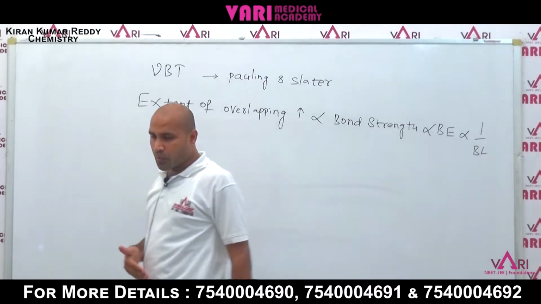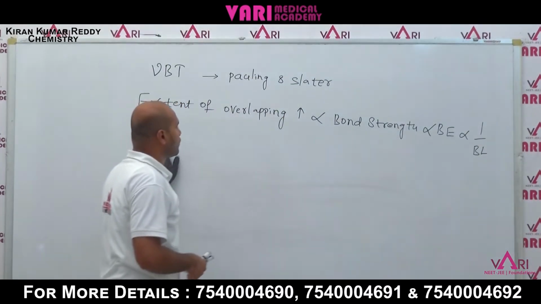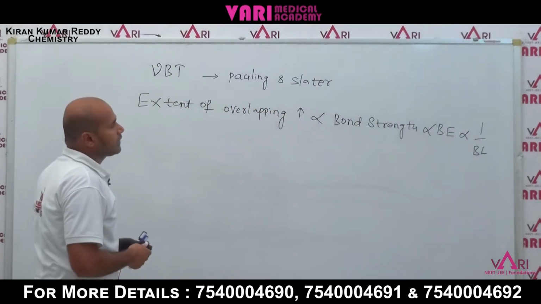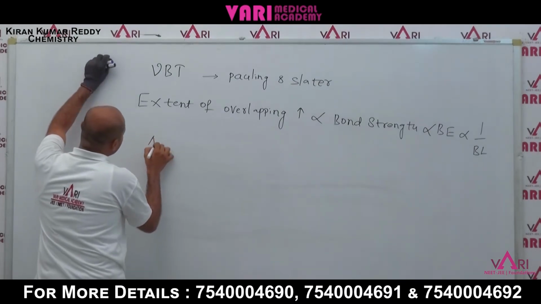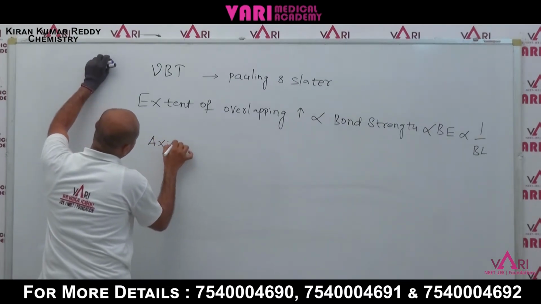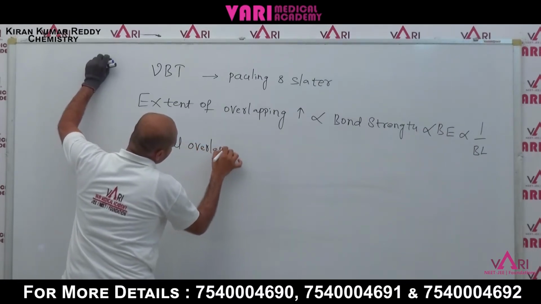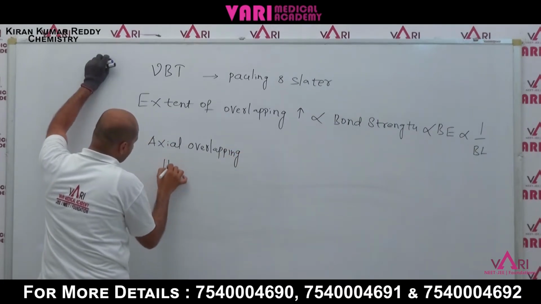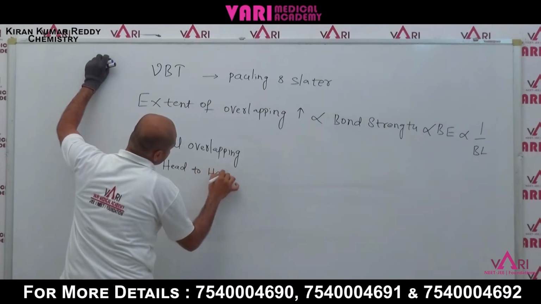Next one is overlapping of atomic orbitals. There are two types of overlapping. One is axial overlapping, or head to head overlapping.